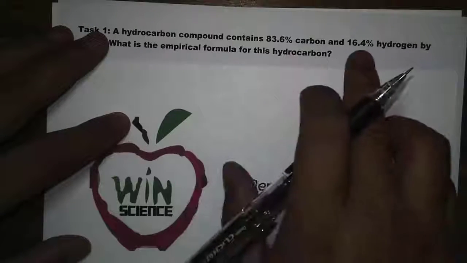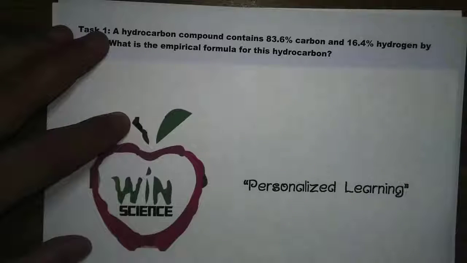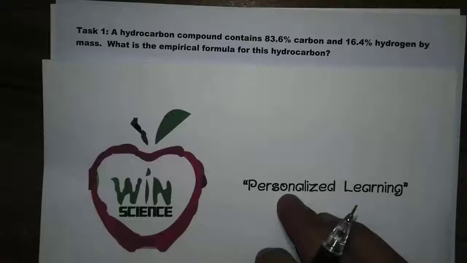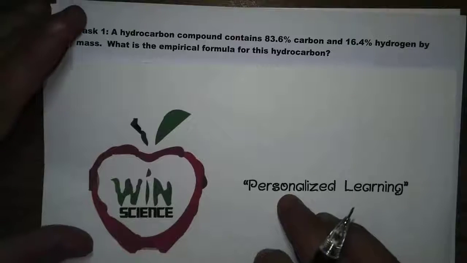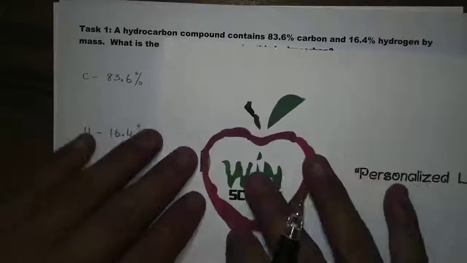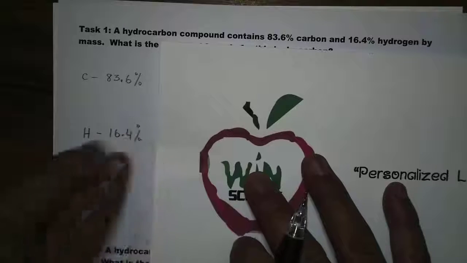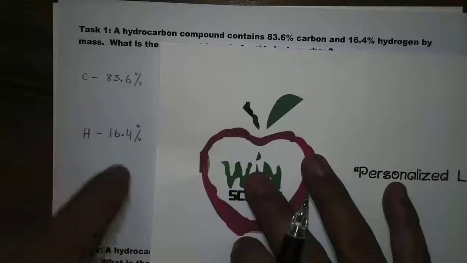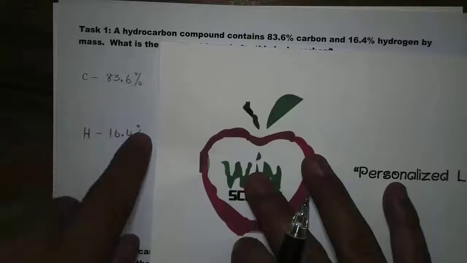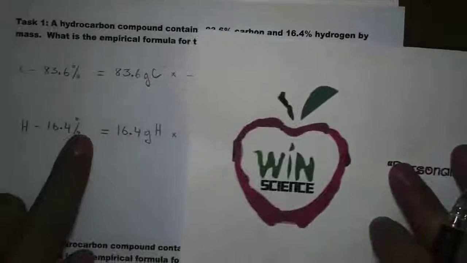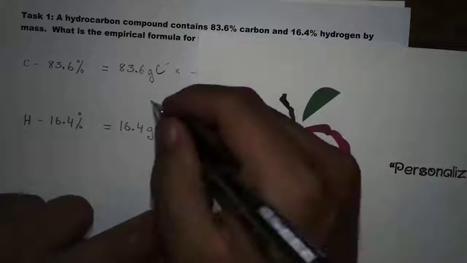First of all, we have percentages, right? And we can convert those percentages to mass by assuming that this sample is out of 100 grams. So here I have the format laid out. I have the percentage for carbon and the percentage for hydrogen. And if we assume that this is out of 100 grams, we can actually remove this percentage and then we have our grams of carbon and hydrogen.